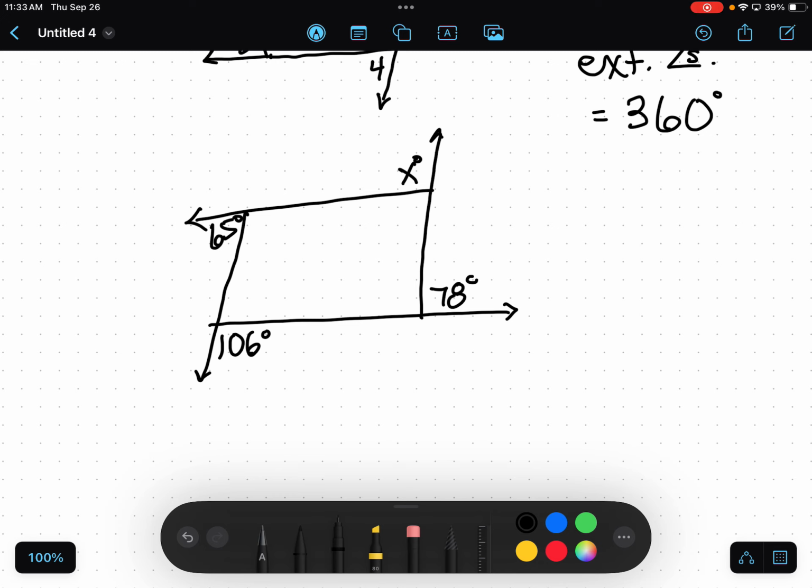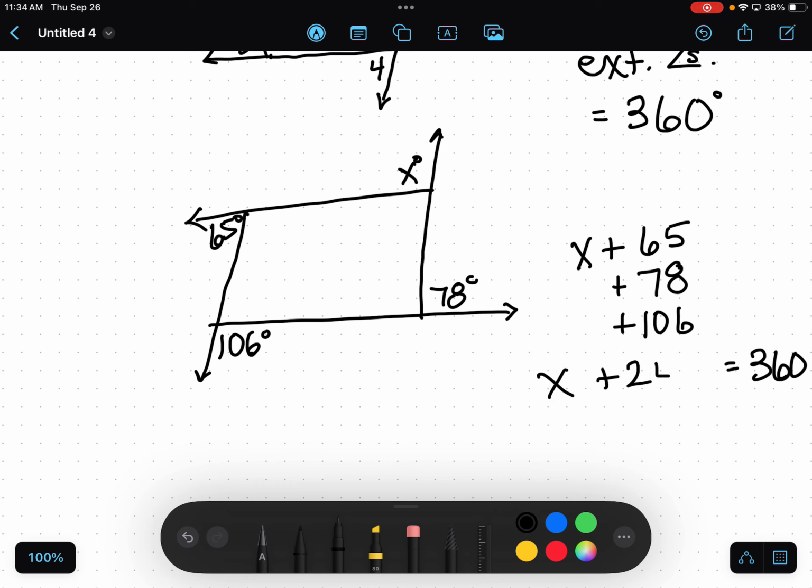And so to do that, if we take that x, which we don't know, and we add up all the other pieces, so 65, 78, and 106, those should all add up to be 360 degrees. Okay, so taking my calculator, I'm going to add 65 plus 78 plus 106, and I end up with x plus 249 equals 360.